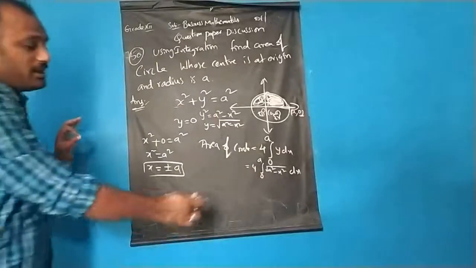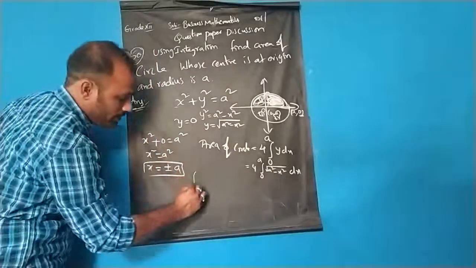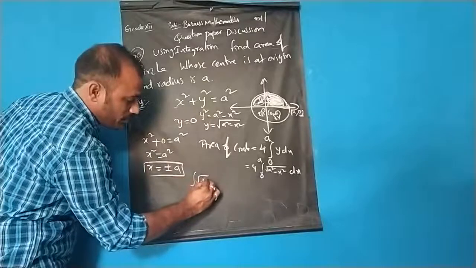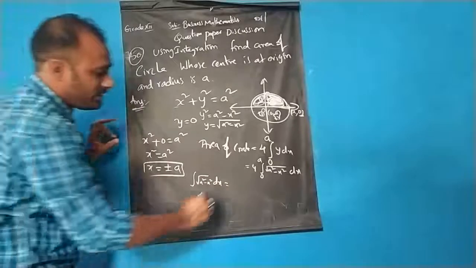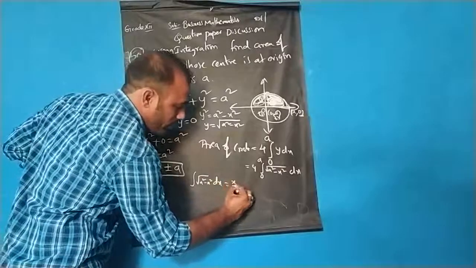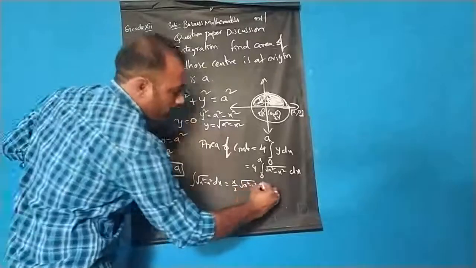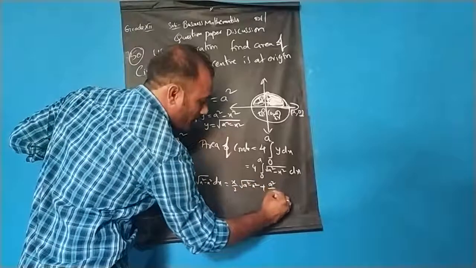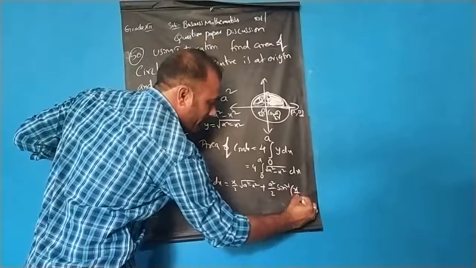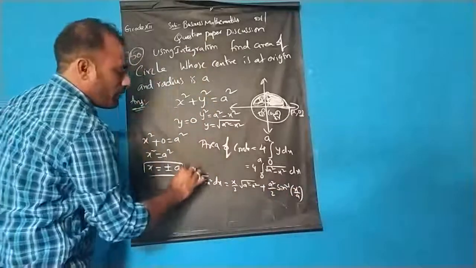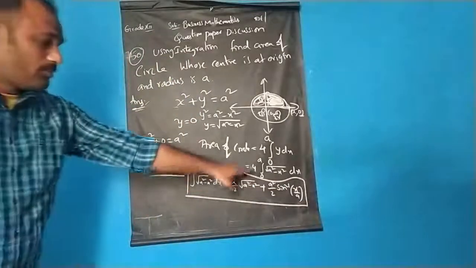If you see the integration formulas, we have the formula: integral of root of a square minus x square dx is equal to x by 2 into root of a square minus x square plus a square by 2 into sine inverse of x by a. This is the formula we are going to use in this problem.